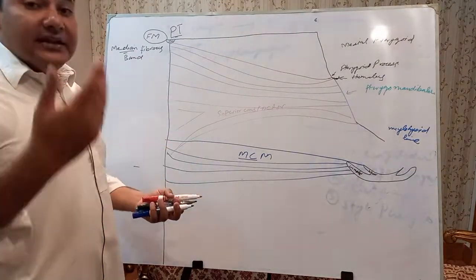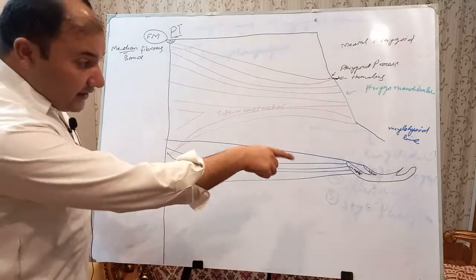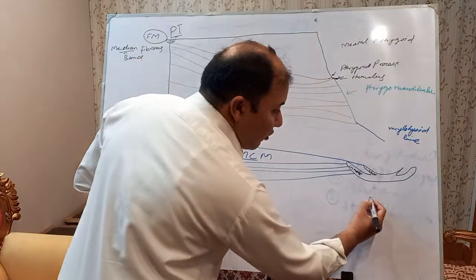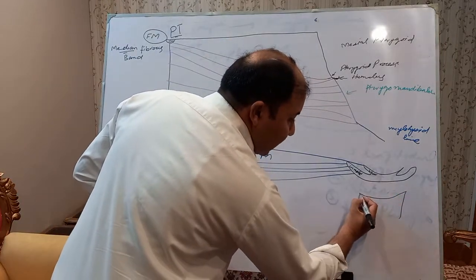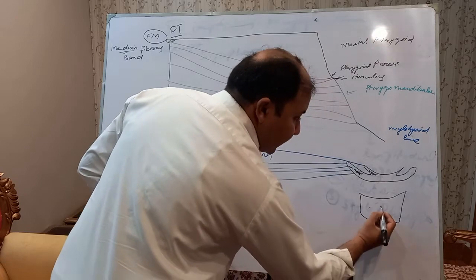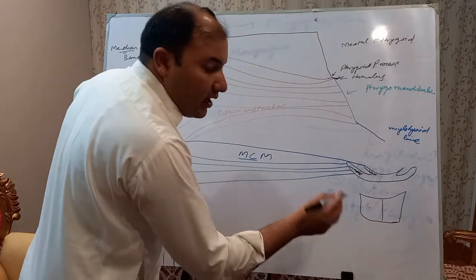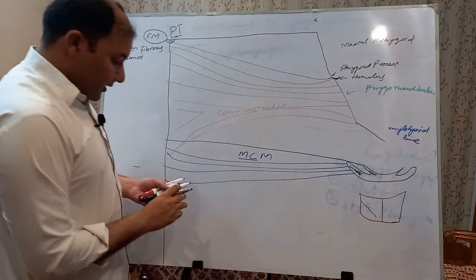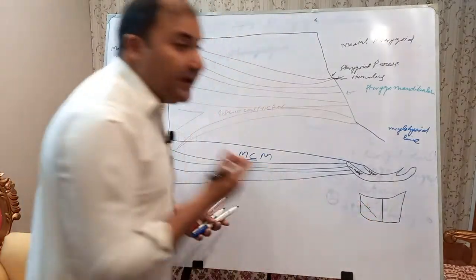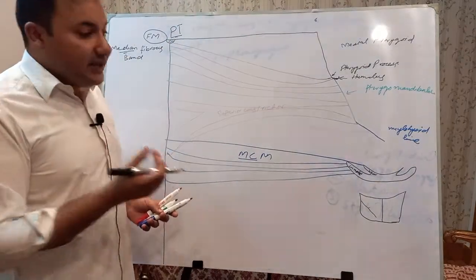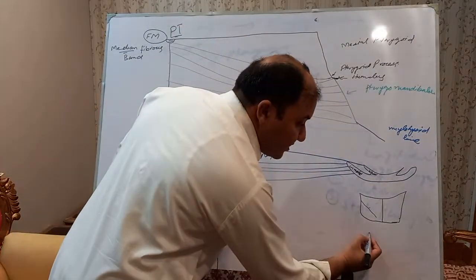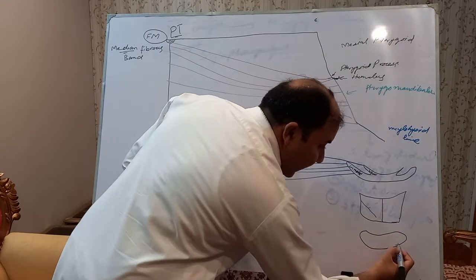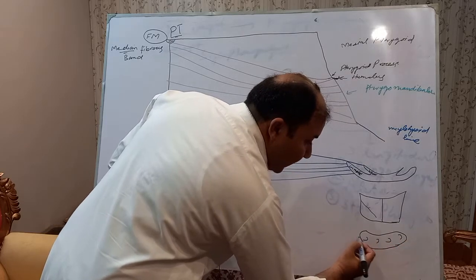Then we have another muscle, and below this hyoid bone we have an important structure called the thyroid cartilage of the larynx. On the thyroid cartilage we have an oblique line. From below the thyroid cartilage, we have another cartilage of the larynx called the cricoid cartilage.